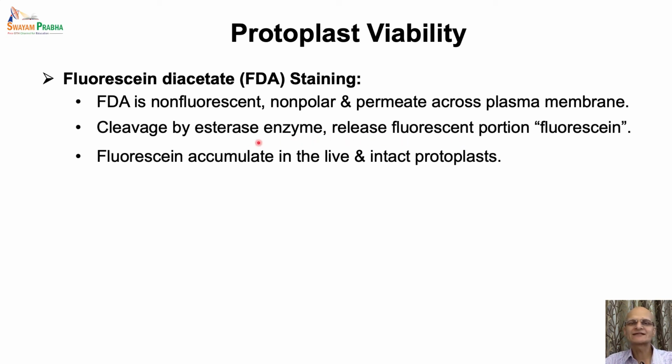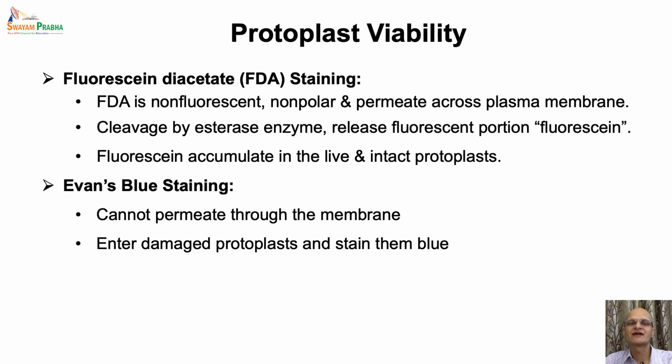However, it is a substrate for the esterase enzyme which will be present in the viable protoplasts. Esterase enzyme digests the FDA and releases a polar molecule, fluorescein, which fluoresces green under UV light. Fluorescein cannot permeate freely across the plasma membrane and hence accumulates in the protoplast and can be analyzed under UV light. In the dead and broken cells, it will be lost or would not accumulate because of lack of enzymatic activity.